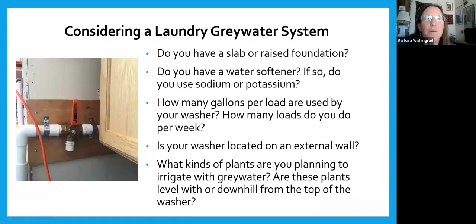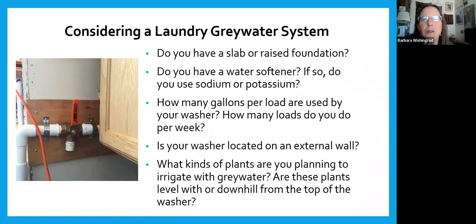So if, for example, you want a laundry gray water system, here are some of the things that you would want to consider. Do you have a slab or a raised foundation? It could be easier with a raised foundation. If you have a slab, you want the washing machine to be on an external wall or close to an external wall. If you have a water softener and you use sodium, you need to convert to potassium.